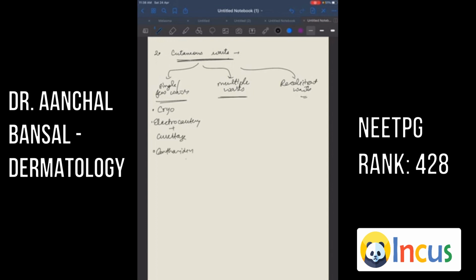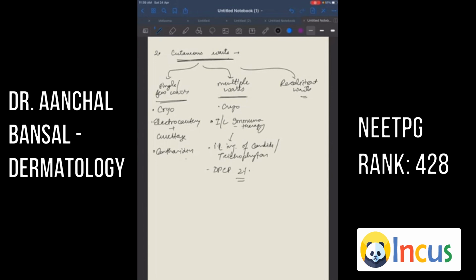For multiple warts, we can go for cryo, or intralesional immunotherapy. In this, we can use intralesional injection of candida or any dermatophyte fungus, trichophyton, or DPCP 2% intralesionally.